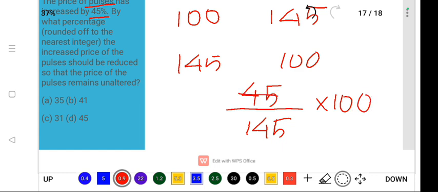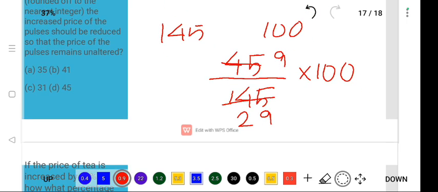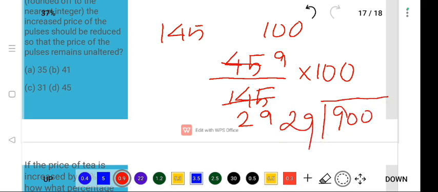So solve through the 5 table: 5 9s are 45, 5 2s are 10, 5 9s are 45. So 900 divided by 29. So 29 3s are, what should we get? 87. Here the remainder is 30, so the answer is 31.